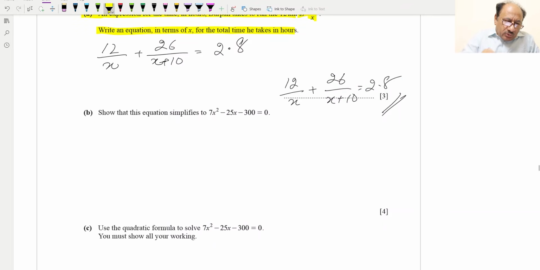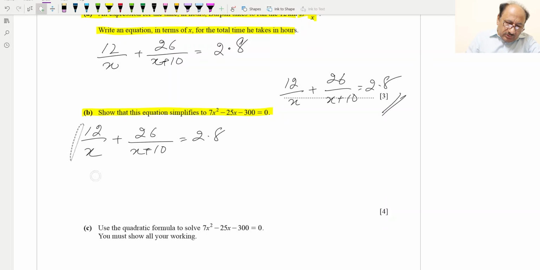Now B part, show that the equation is equal to 0. Now we need to show a quadratic equation, and for that we will be taking this equation: 12 over x plus 26 over x plus 10 is equal to 2.8.